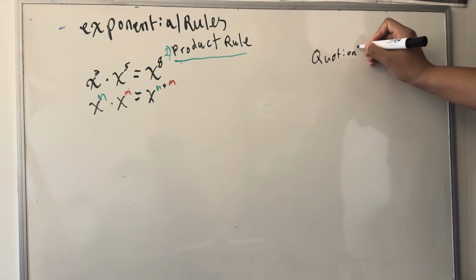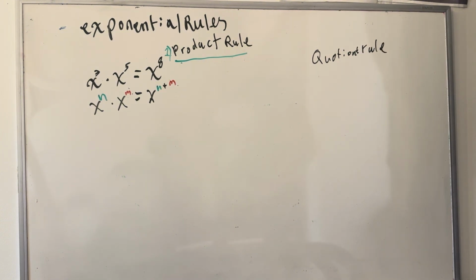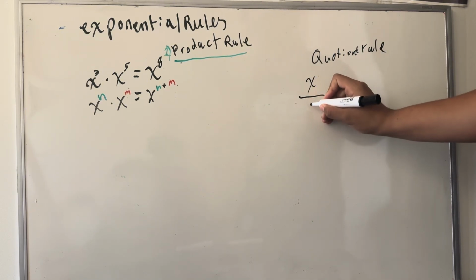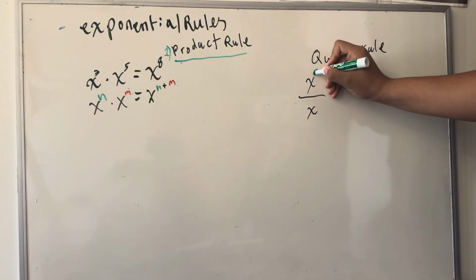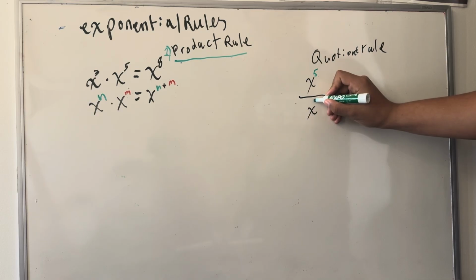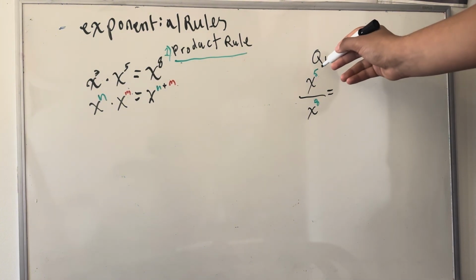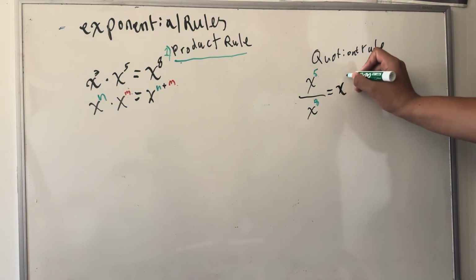And that basically states that a variable to a power divided by the same variable to another power, say we have 5 and 8, this will equal 5 minus 8, which equals -3.